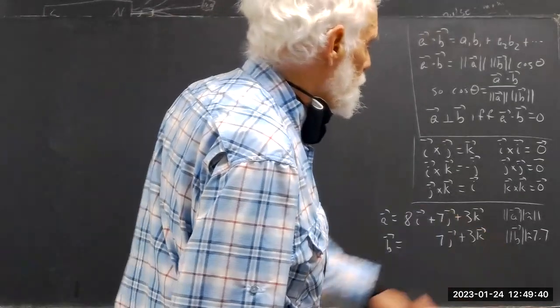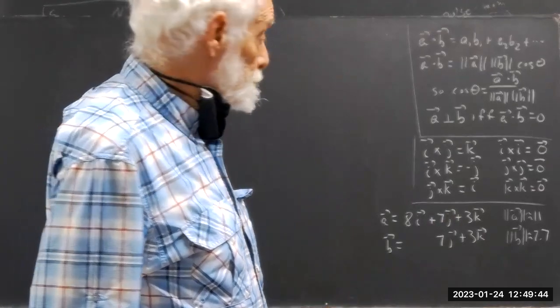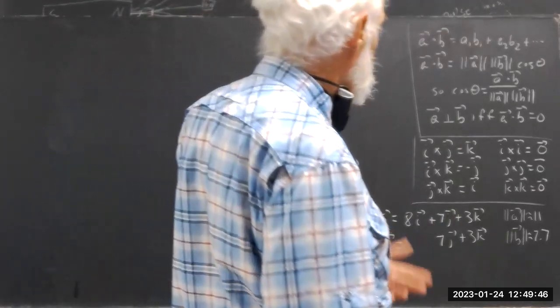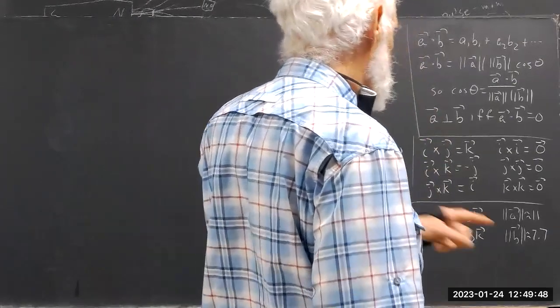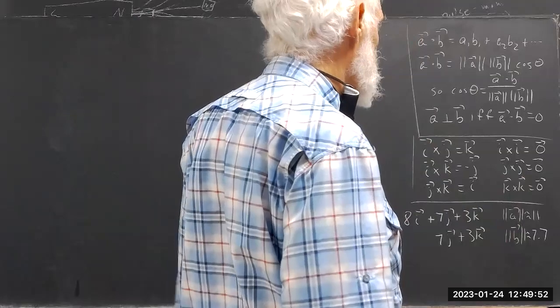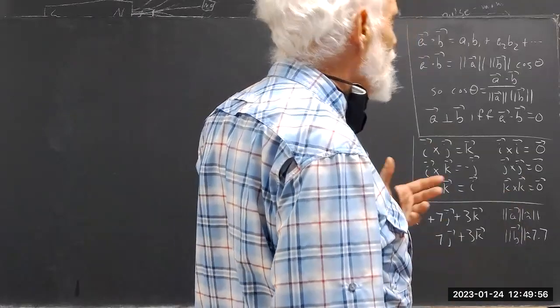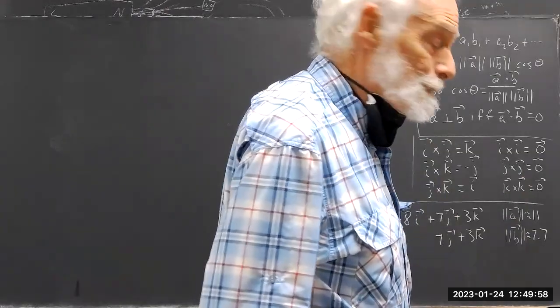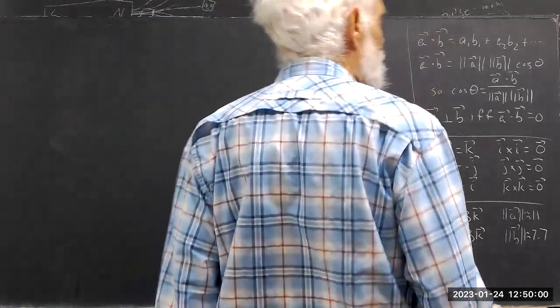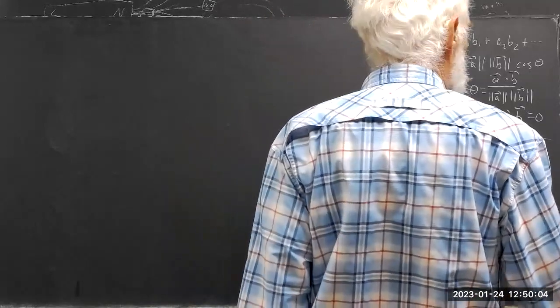So we could calculate the angle. Theta is the inverse cosine of the dot product, which is 58 over the product of these, which is about 80 something. So I mean, it's 77 plus 7.7, 84.7.